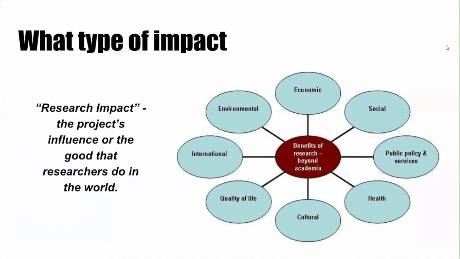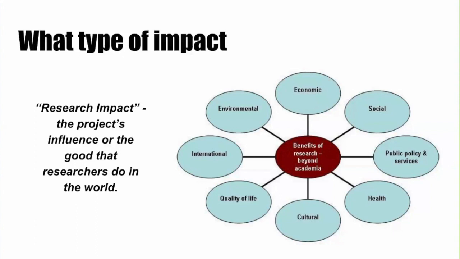So we thought we should also just take a moment to reflect on the impact of your research. Depending on your project, you're going to have different types of impacts that you're aiming for. And impact is really broad. You're basically trying to influence things in the real world.